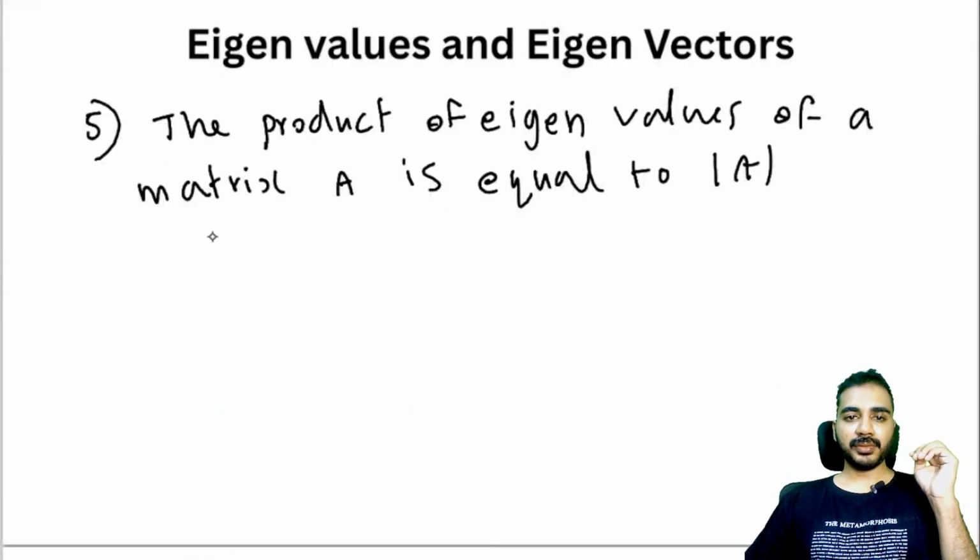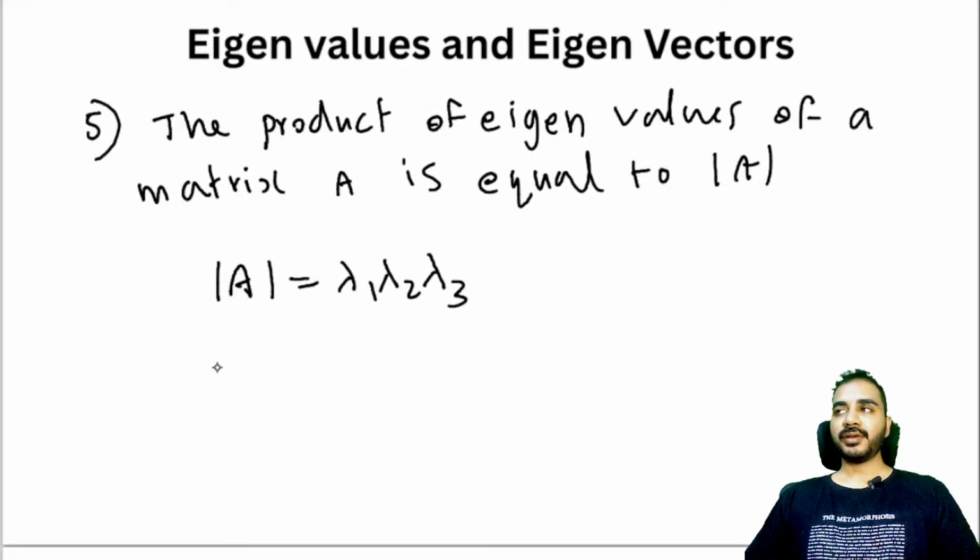Then according to this fifth property, we can write determinant of A is equal to lambda 1, lambda 2, lambda 3. Okay, this is the fifth property you have to remember.